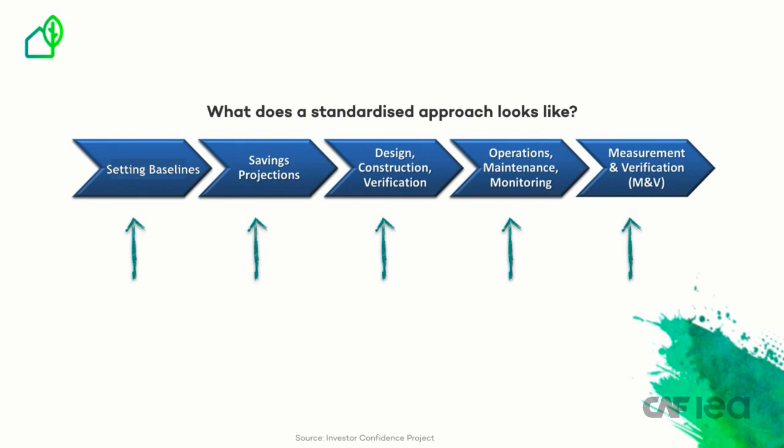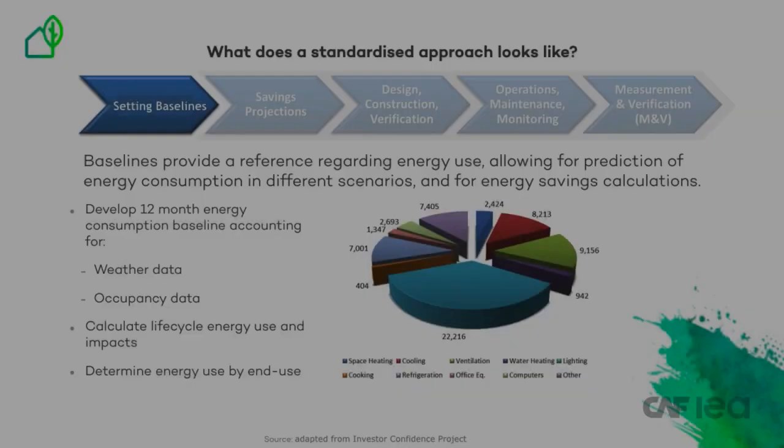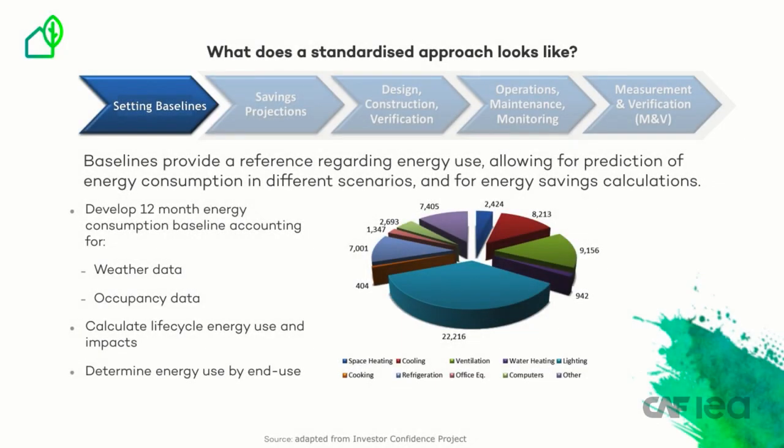Let's go through each of these to see how project standardization can be used at each of these steps to increase investor confidence and enable project financing. First, how do we set a baseline or benchmark that can increase the confidence of investors? A baseline should be calculated to provide a reference for the energy use of the building without the implementation of the energy efficiency measures.